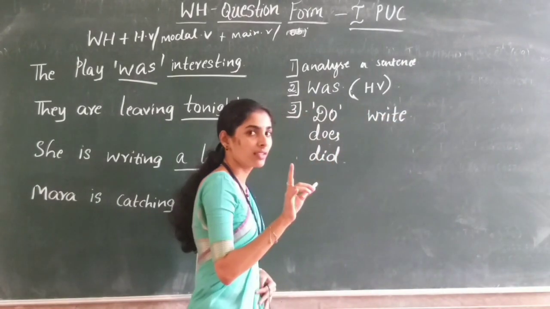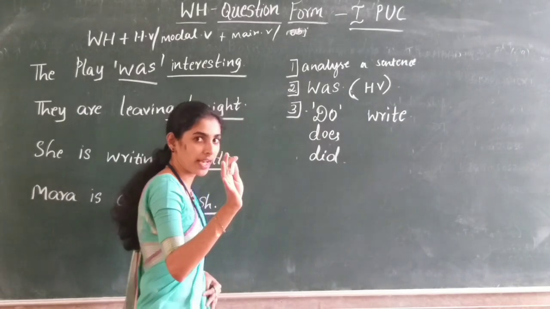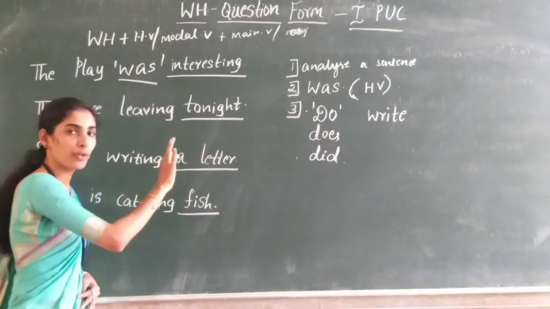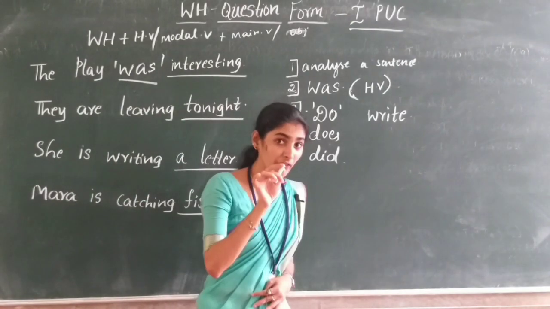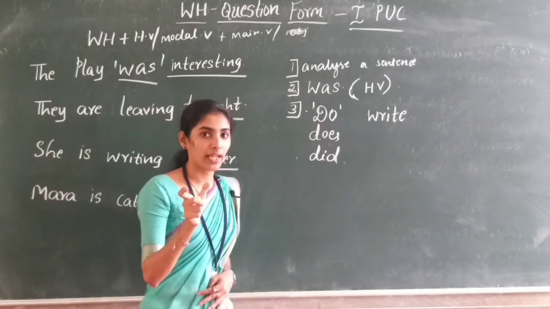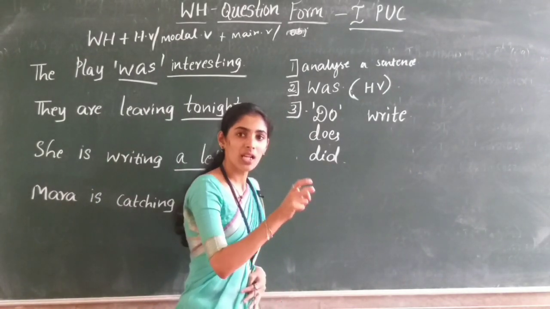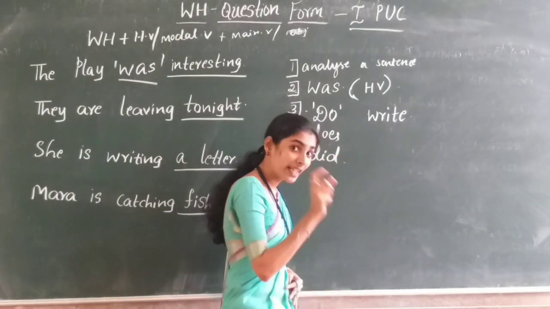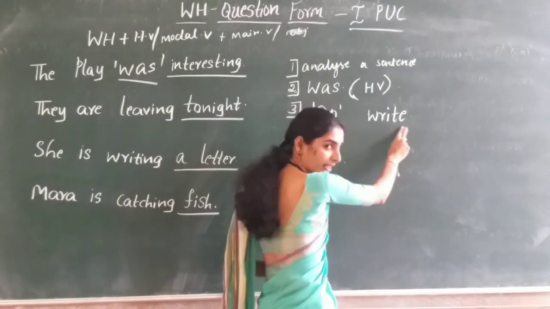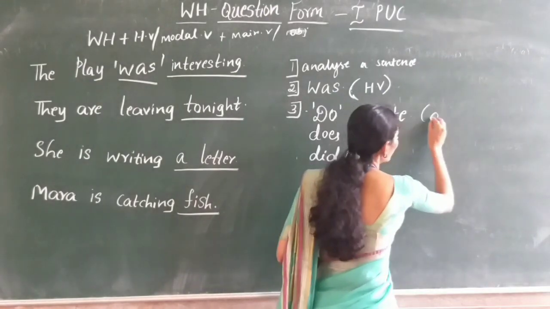Just imagine that there is no helping verb in a given sentence and you have to identify the main verb there, and that is write. In case you find only write, then you have to add do.